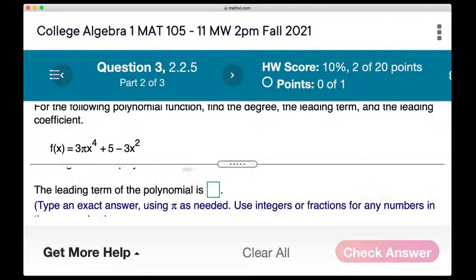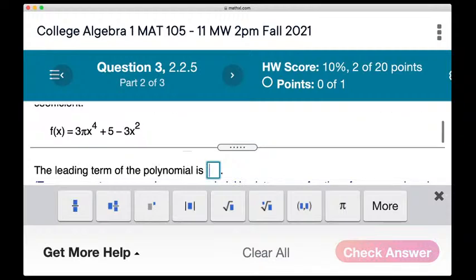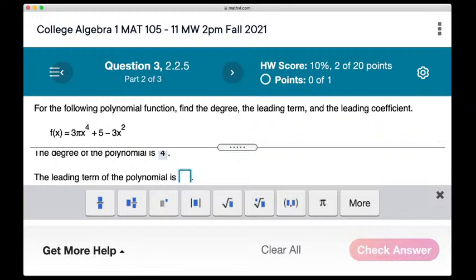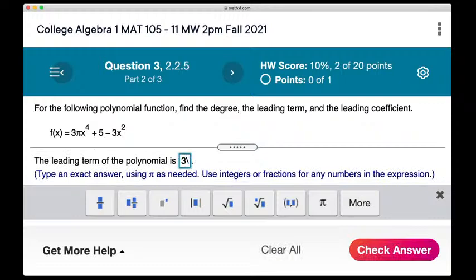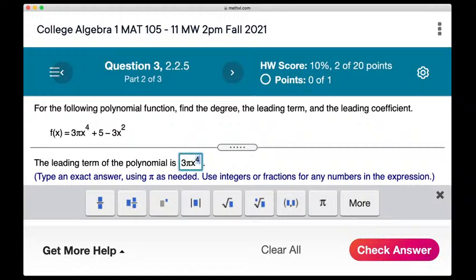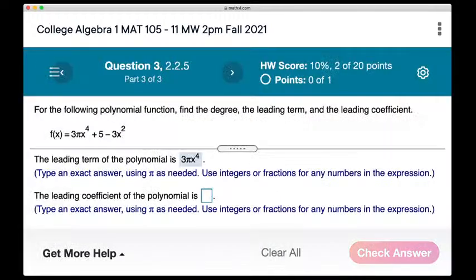The leading term is the term with the highest exponent, so that's going to be 3 pi x to the power of 4. The leading coefficient is the number in front of the variable of the leading term, so that's going to be 3 pi in this case.